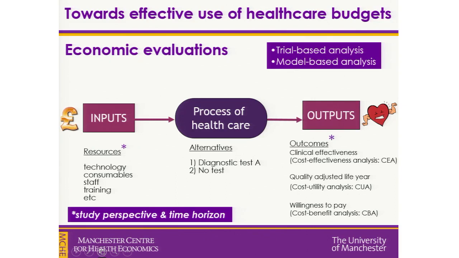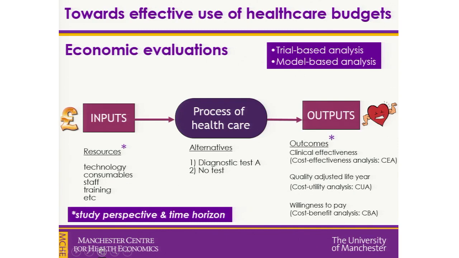The other choice we have at this point is how we actually generate the evidence and structure the evidence in our analysis. So there are two main types of economic evaluation that you will see. Trial-based, in which you actually go out and prospectively collect new data. So this could be in a randomized controlled trial context, or it might be in an observational study type context.